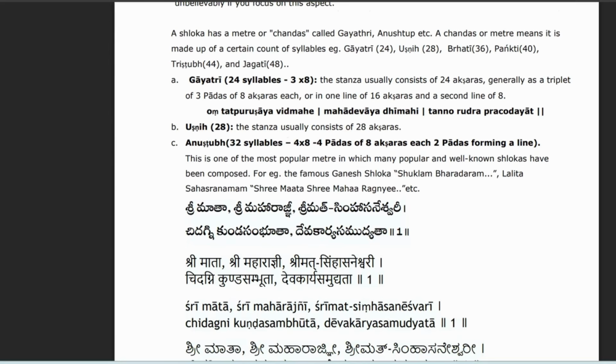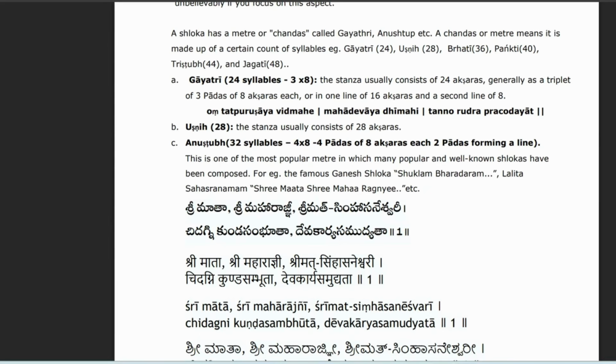Anushtup is 32 syllables, and there is an example here from Lalita Sahasranamam: Shri Mata, Shri Maharagni, Srimat Simhasaneshwari, Chidagnikunda Sambhuta Devakarya Samudyata. So it has 32 syllables. And if you change any of the dirghas, and if you don't put the Mahapranas, and you don't follow the rules, the syllables will change, because of which the chandas will change. So make sure that you follow all the rules. Okay.